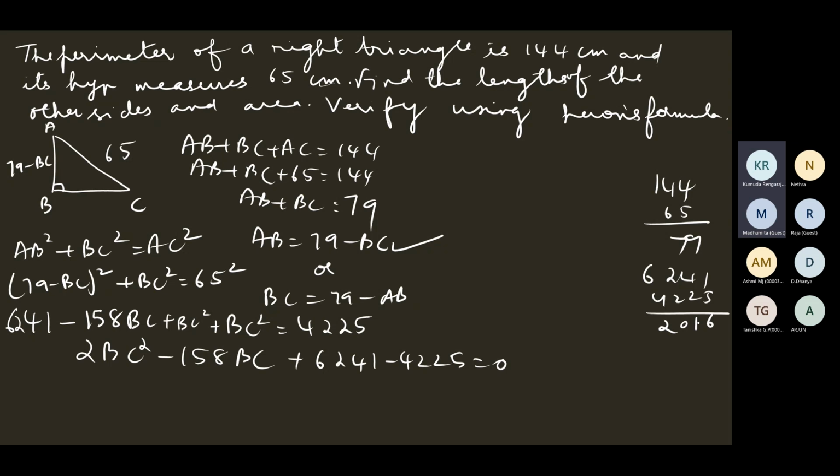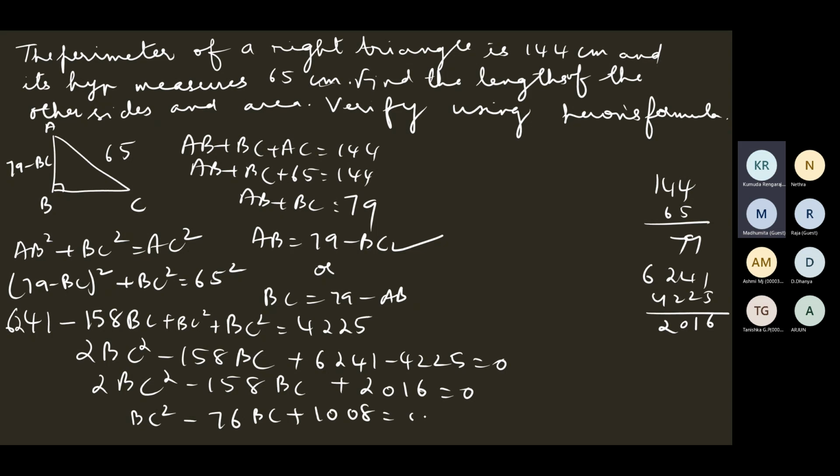Is this correct? Yes, ma'am. So 2 BC square minus 158 BC plus 2016 is equal to 0. You can divide by 2 throughout, so you'll get BC squared minus 79 BC plus 1008 is equal to 0.